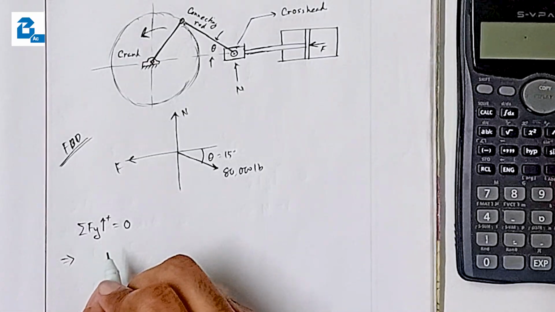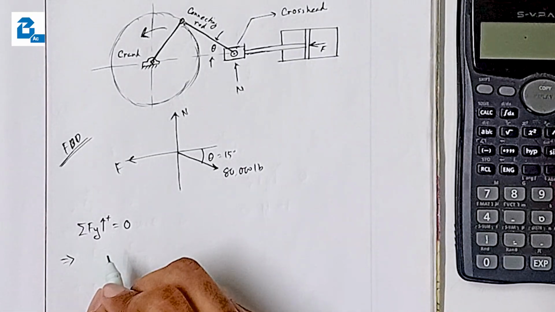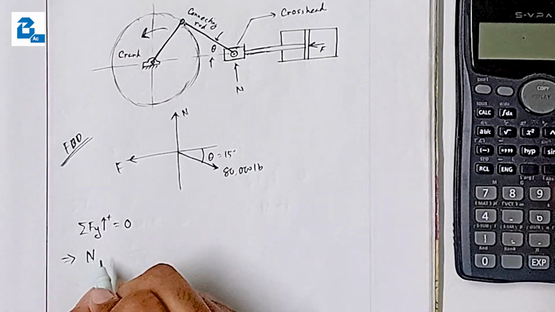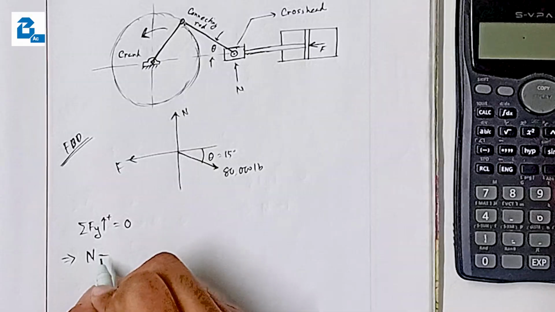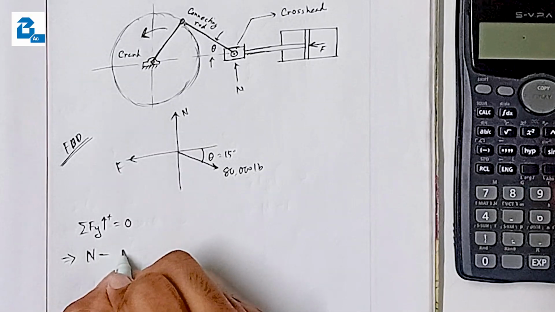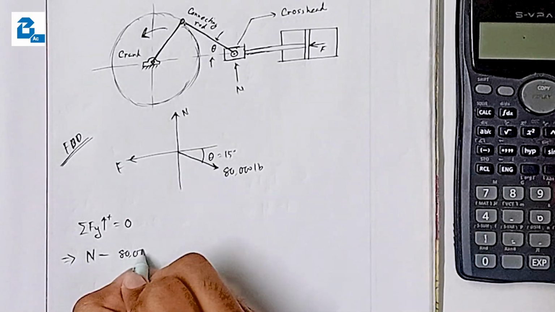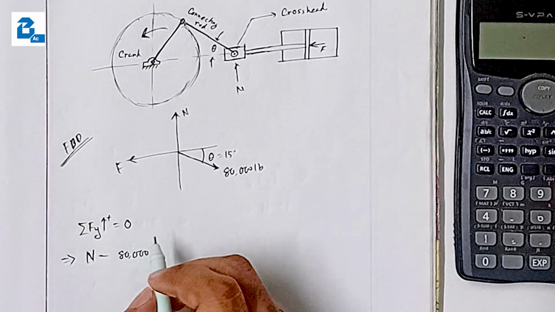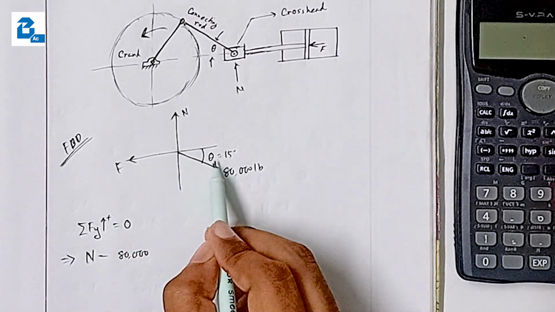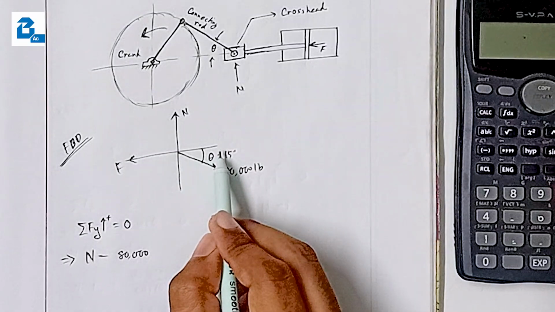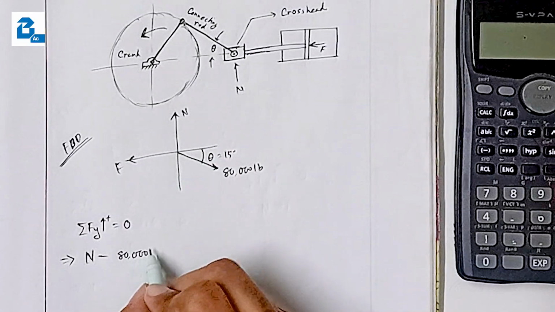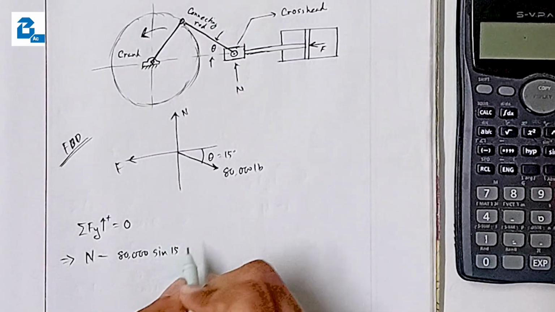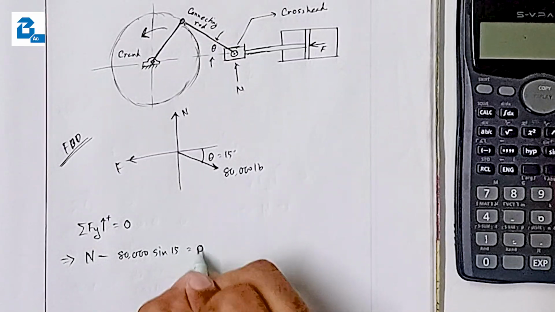Let's find out all the vertical forces here. That would be N, which is acting upward, minus the 80,000 pound. And since it is acting at the theta degree angle with the horizontal axis, it will make a sine 15 with the vertical axis, equals 0.